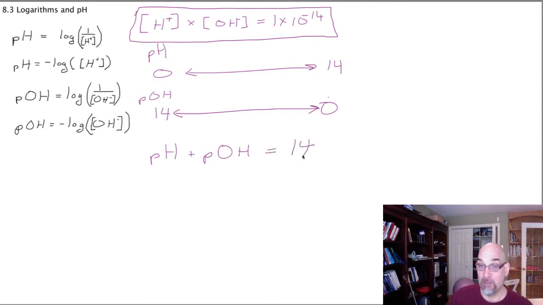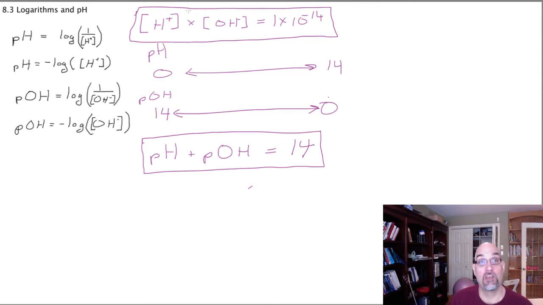Now look, this formula is actually the exact same formula as this one. These are the same. It's just that the first one is expressed in the relationship of hydrogen ion molar concentration.